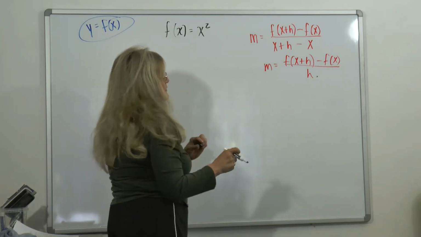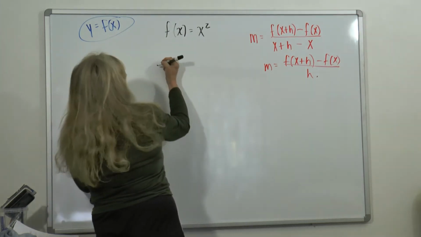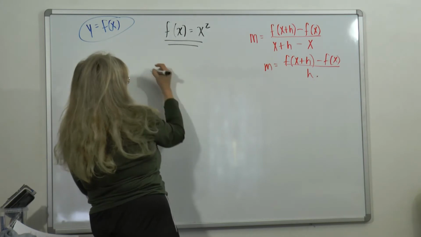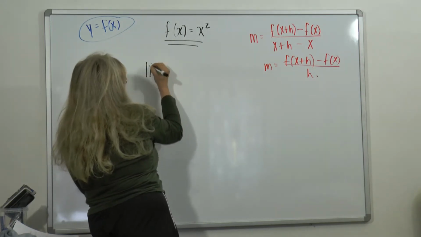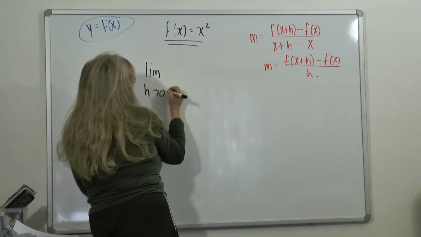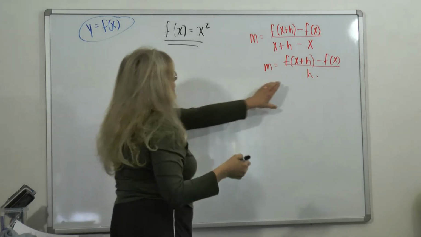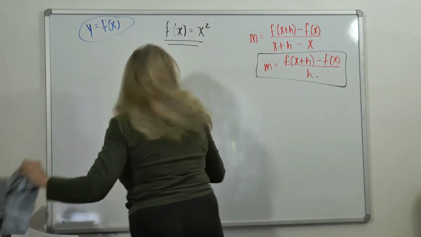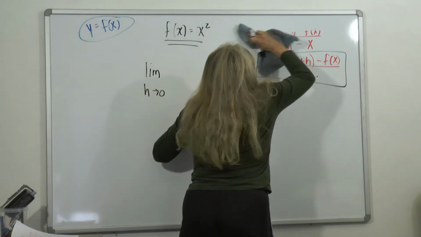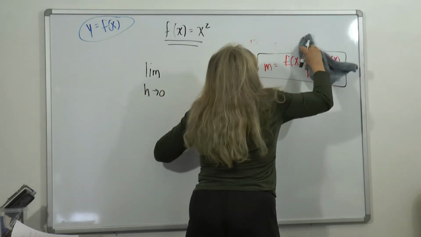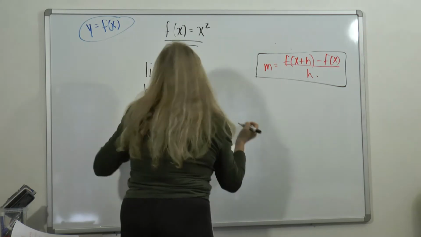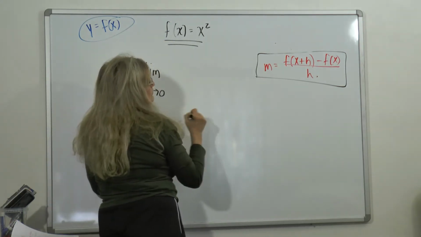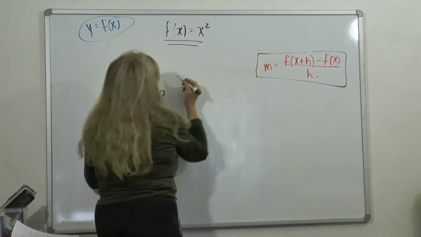Looking at this function, if I look at the limit as h goes to 0, we simplified it. Now, f at x plus h.